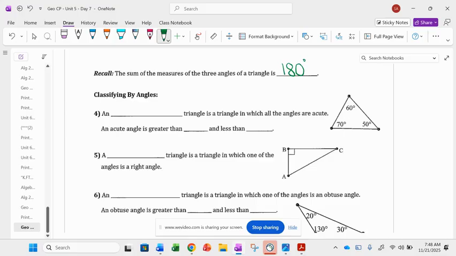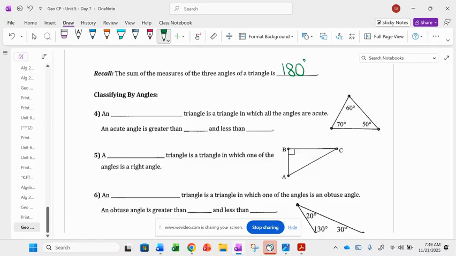So when we classify a triangle by its sides, we have scalene, isosceles, and equilateral. What does scalene mean? Somebody knew. Jay? So none of them are congruent. Perfect. What does isosceles mean? Jonah. Two of not angles.